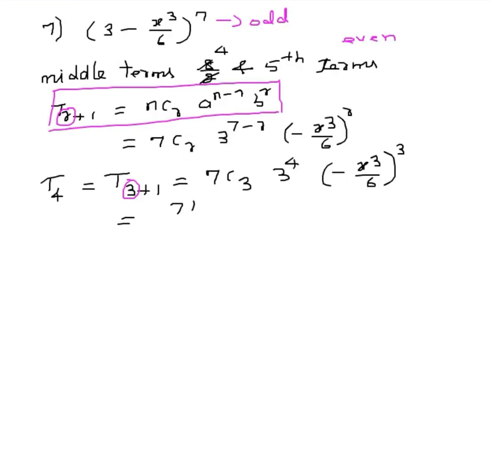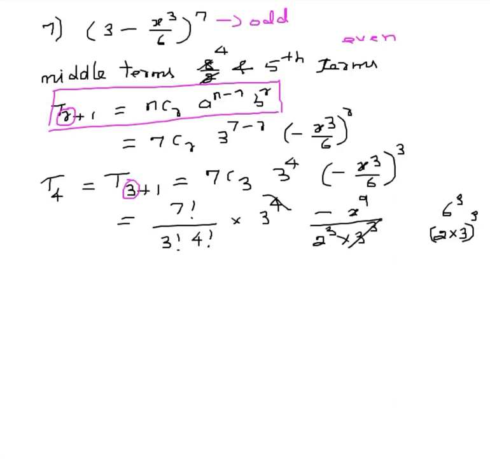Let us simplify this. 7C3 is 7 factorial over 3 factorial times 7 minus 3, 4 factorial. 3 raised to 4 minus x raised to 9 divided by 6 raised to 3 can be written as 2 times 3 the whole cube, which is 2 cube times 3 cube.